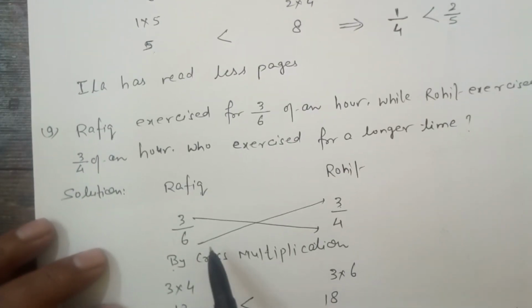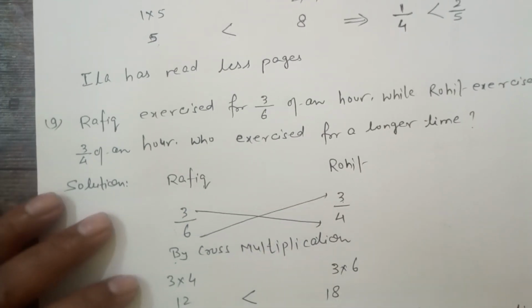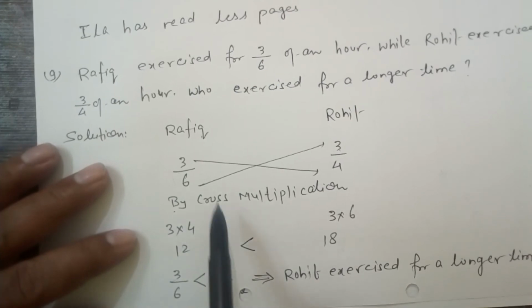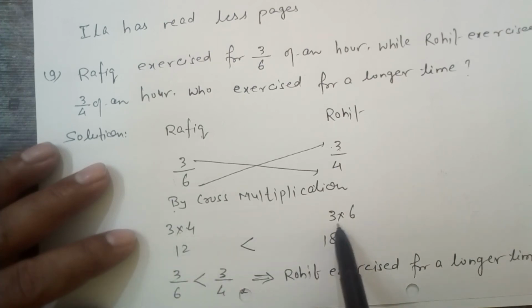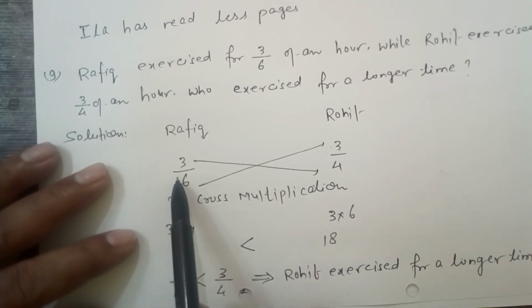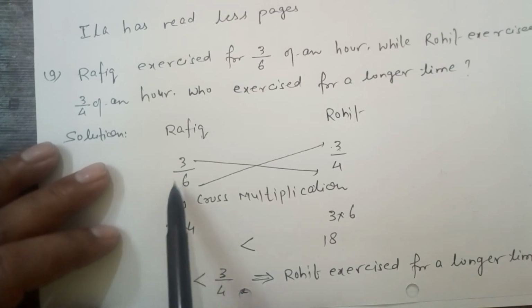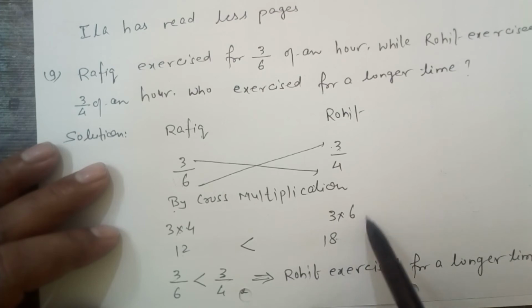Then after cross multiplication we will get 3 multiplied by 4 and 3 multiplied by 6. 3 fours are 12, 3 sixes are 18. The meaning is 12 belongs to 3 upon 6 and 18 belongs to 3 upon 4.